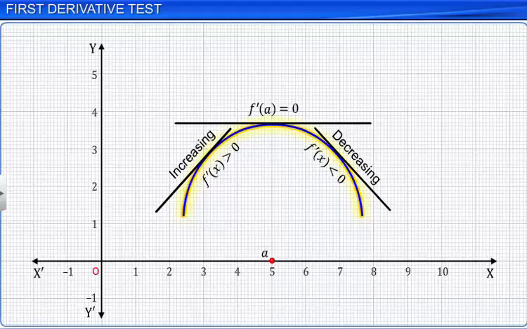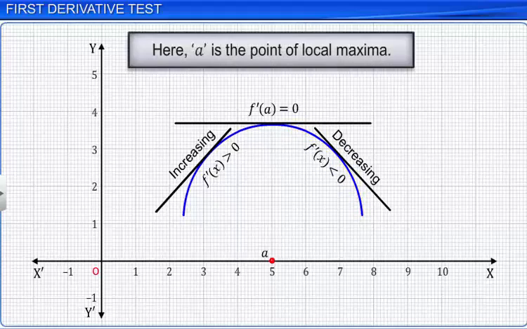That is, the derivative of f is positive at every point sufficiently close to and to the left of a. Similarly, the derivative of f is negative at every point sufficiently close to and to the right of a. In such situations, point a is known as the point of local maxima.